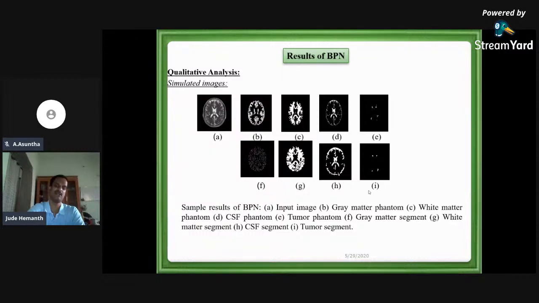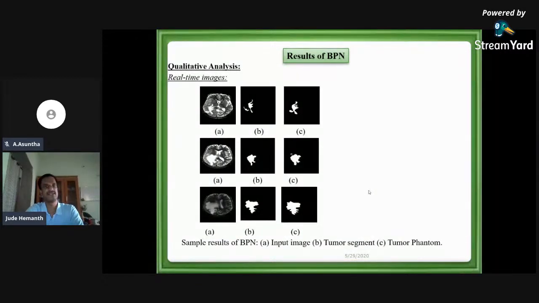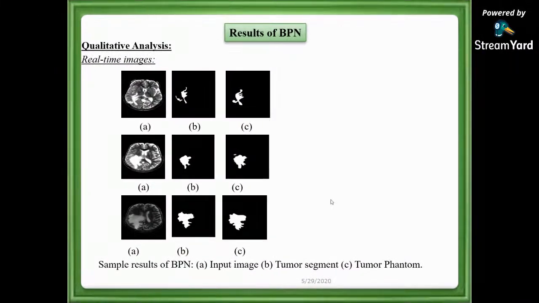Classification is relatively easy. This is for real-time images, right? If you see that white portion, the tumor phantom is the third one. The doctor gave me the third column results and the second column is my output. So I'm going to compare these two and check: if my white and the doctor's white are the same, then it is perfect. If not, how can I improve?